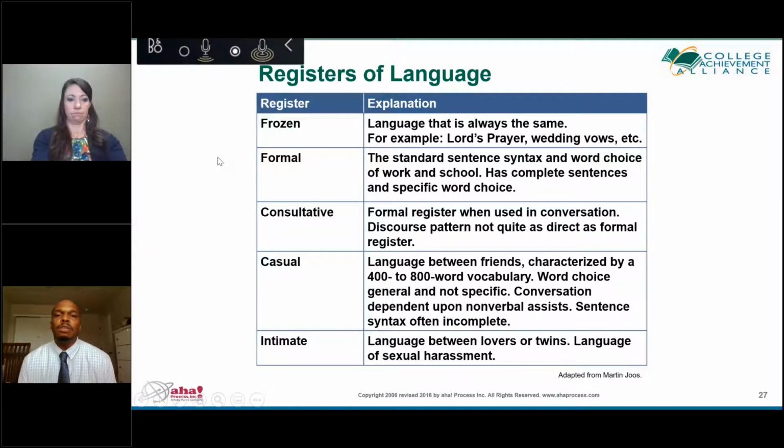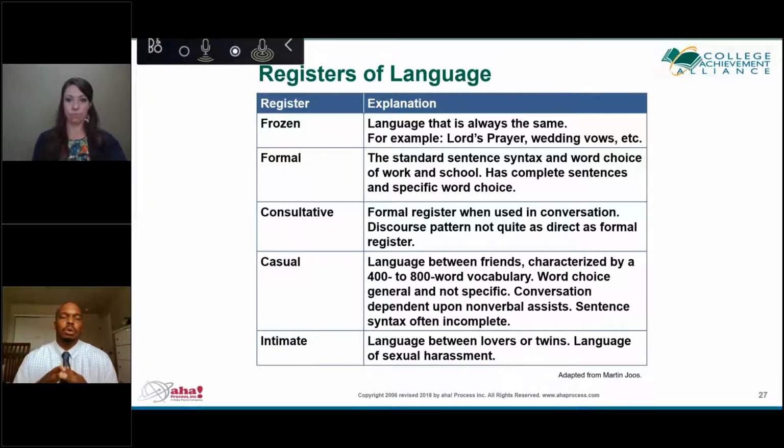So frozen language are those things that we constantly repeat, right? The Pledge of Allegiance, the Lord's Prayer, and wedding vows. But then formal language is really more of the word choice, getting into the English syntax and the structure and formation of how a sentence is put together. So there is logical reasoning.